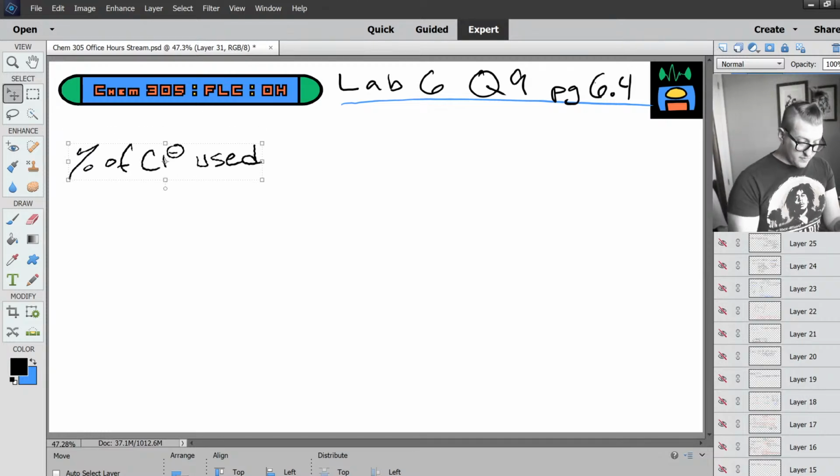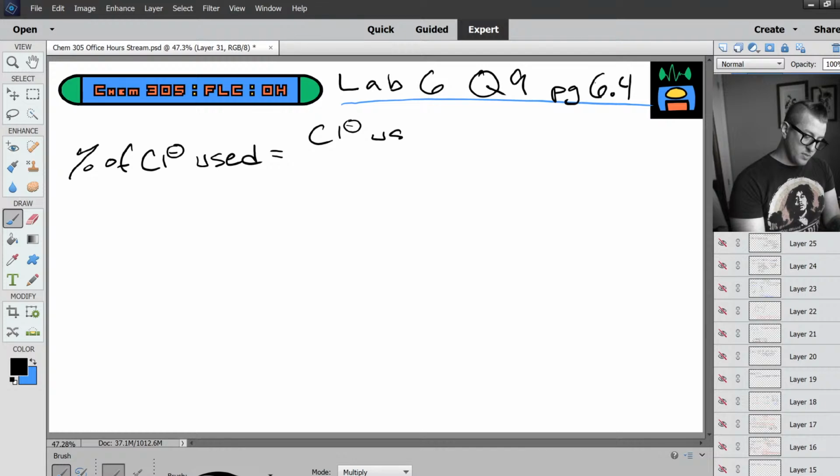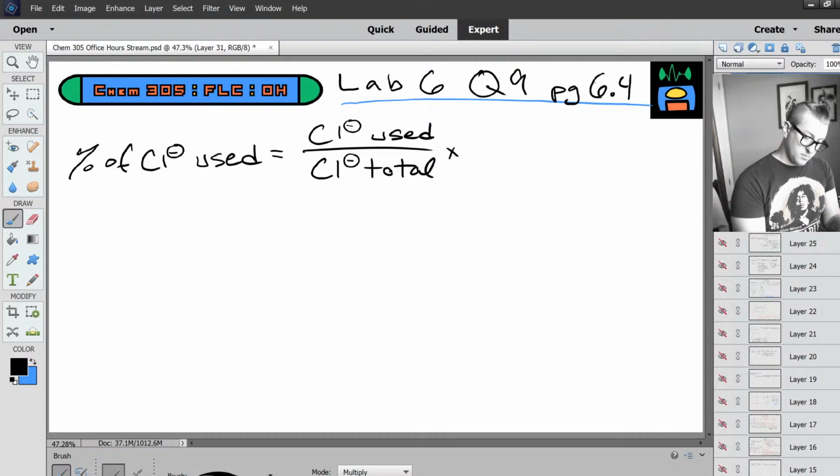Well, the percent of chloride ions used would have to be equal to chloride used divided by the total chloride ions available, times 100, right?